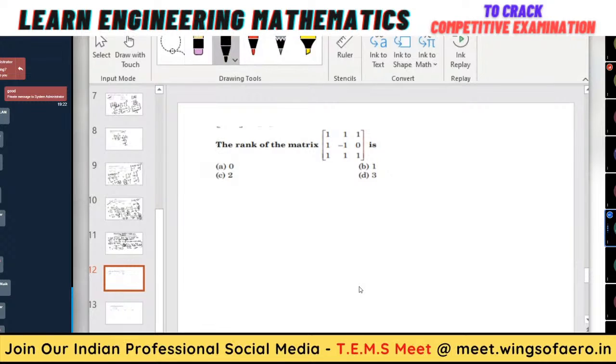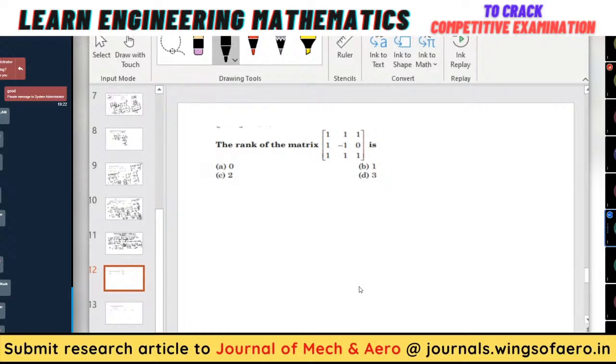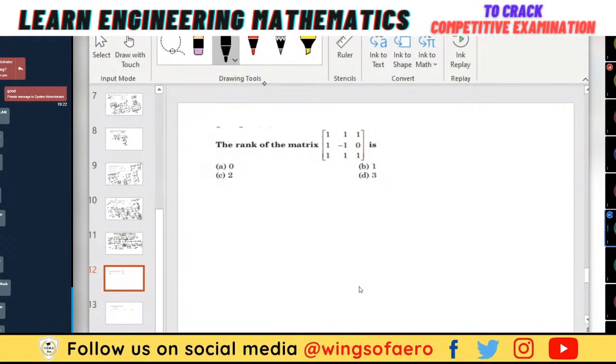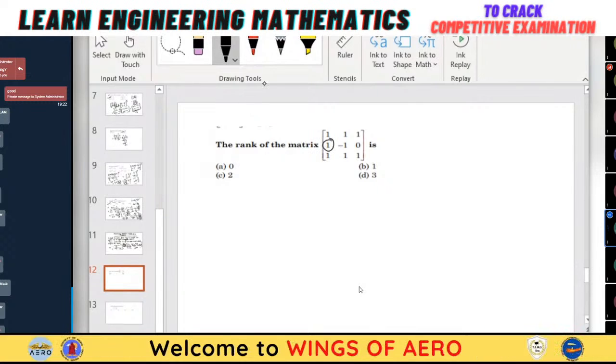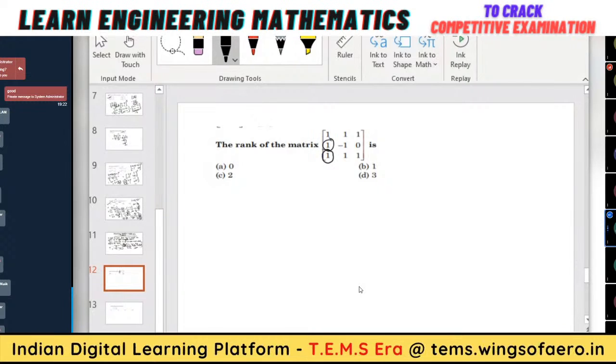Those who do not know how to find out the rank of a matrix, I have a very simple trick. First, make this element 1 and this element 1. If it is already 1 and 1, you don't need to do anything.